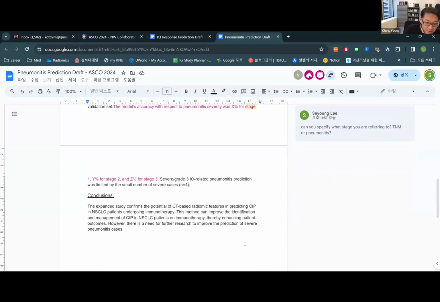There's a need for further research to improve the prediction. I would say larger studies are needed to better train and validate similar models, something like that.